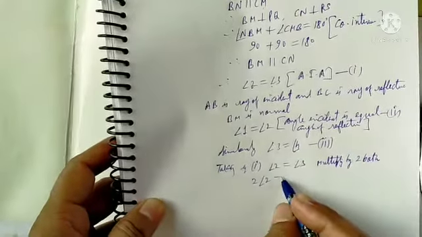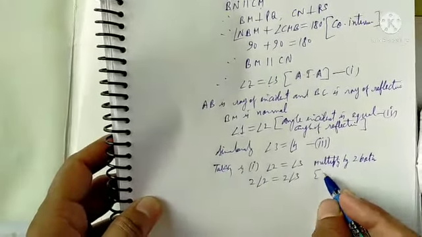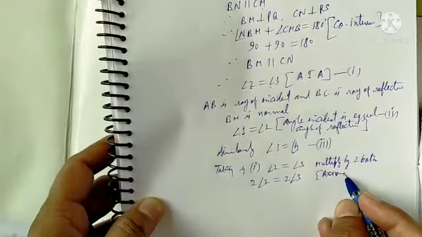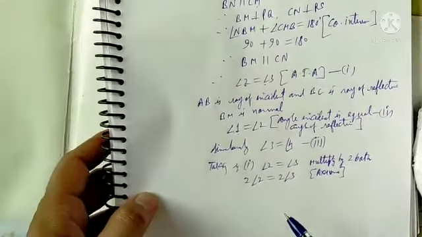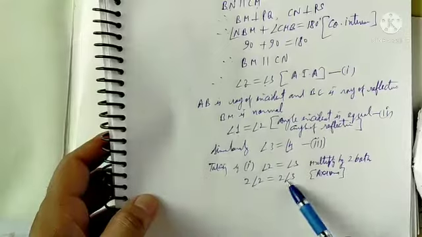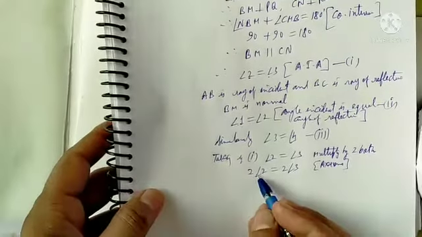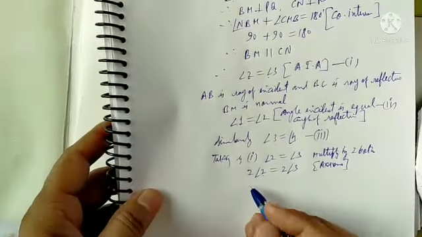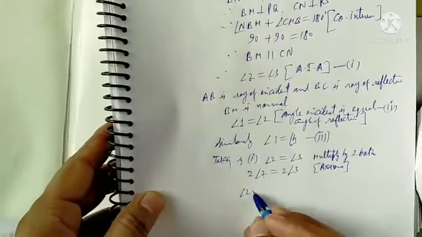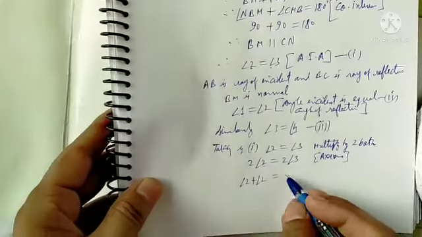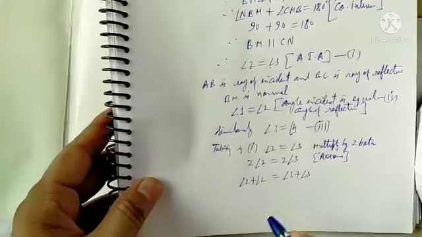So twice of angle 2 is equal to twice of angle 3. This is by axiom. I taught you in trapezoidal geometry, if wholes are equal, then doubles are also equal. Now twice of angle 2 means you can write angle 2 plus angle 2. Twice of angle 3 means angle 3 plus angle 3.